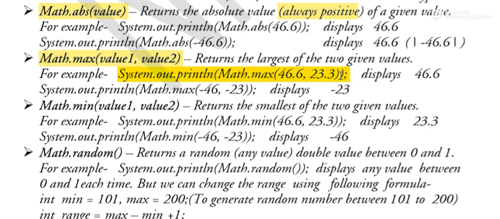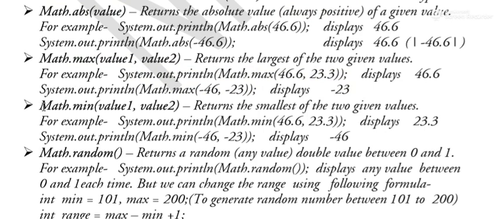Now here 46.6 is the maximum between two, so it will return 46.6. In the same way, if we write math.max minus 46, minus 23, then since minus 23 is greater than minus 46, it returns minus 23.